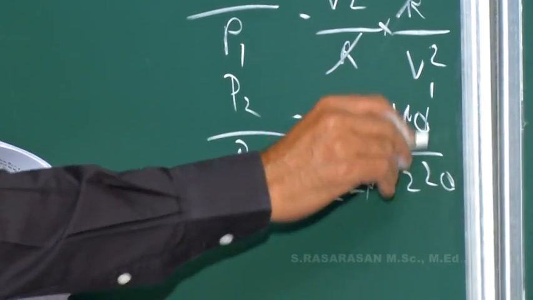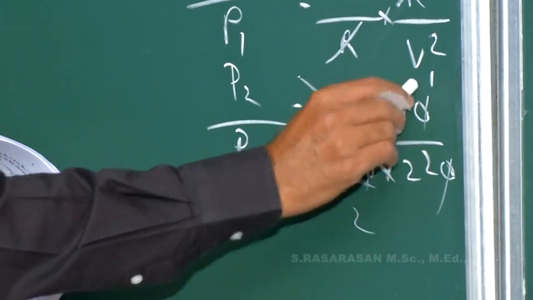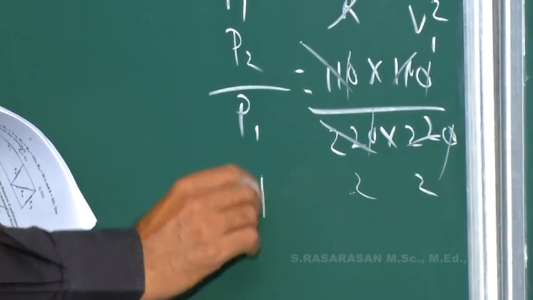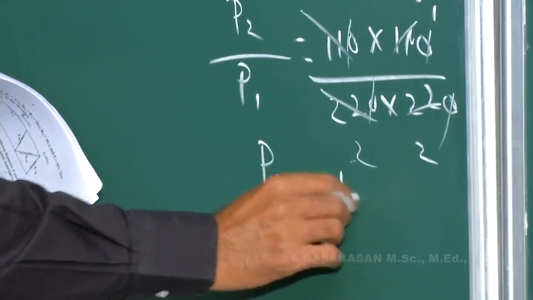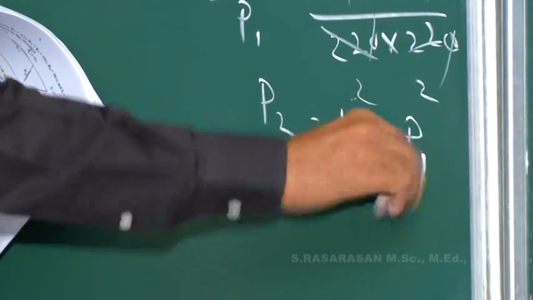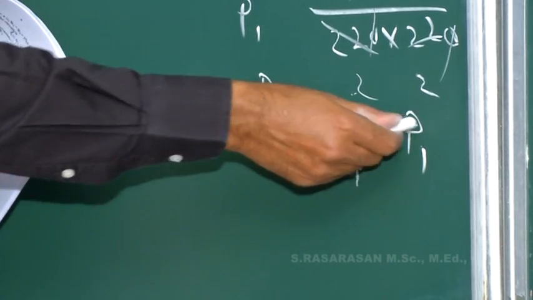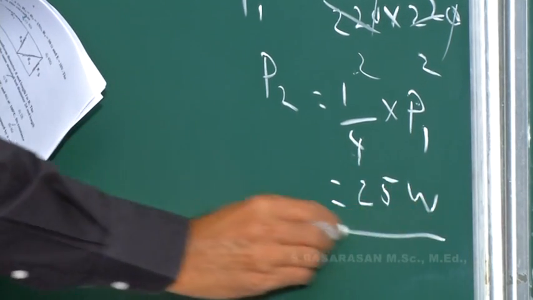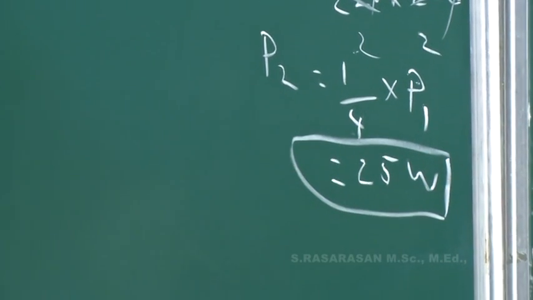Zeros cancel, 1 11s, 2 11s, 2 2s are 4. So the result is P2 is equal to 1 by 4 into P1. P1 is already given as 100 watt. 100 by 4 is 25 watt. So 25 watt is the answer for this problem.